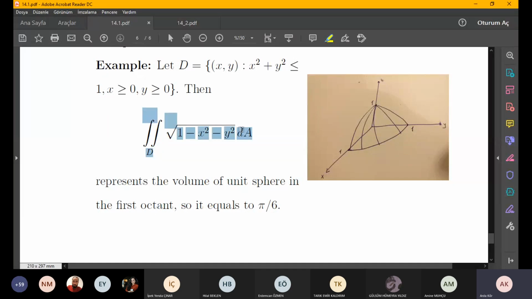The double integral will represent the volume of the unit sphere in the first octant of xyz space.